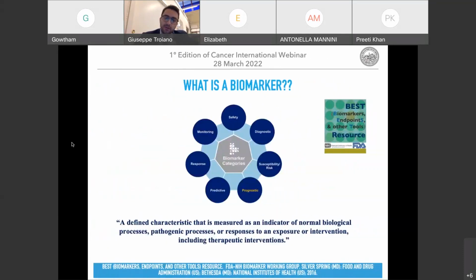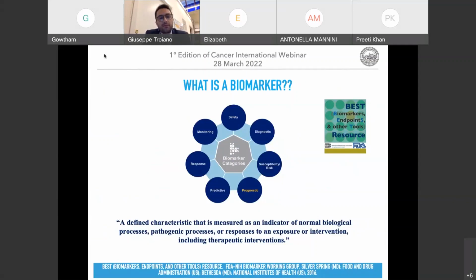It's important to understand what is considered a biomarker. According to the FDA in the BEST, the Biomarkers, EndpointS and other Tools resource, it is defined as a characteristic that can be measured as an indicator of normal biological process, pathogenic process, or response to an exposure or intervention, including therapeutic intervention.